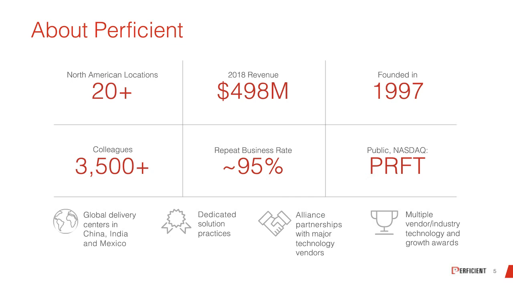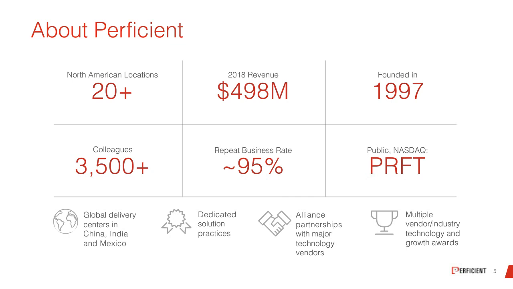And one of the metrics that we're really very proud of is our repeat business rate. So we're running at about 95% repeat business. So of our current customers, 95% of them, we've done some type of work before in the past. And we are publicly traded on NASDAQ. And we have a variety of services that we offer.